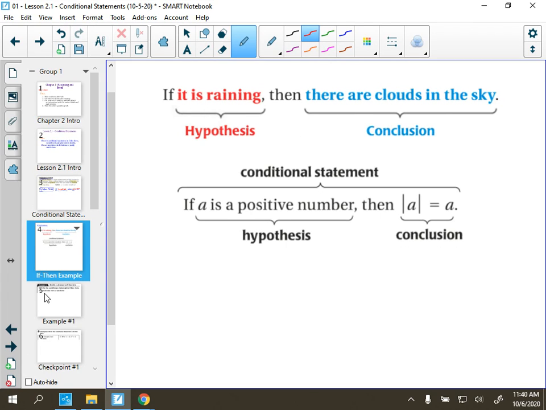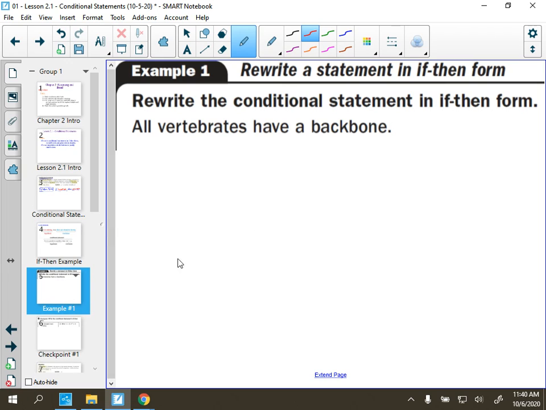One of the skills we've got to be able to do, in example one here, is turn the conditional statement into an if-then form of that statement. So this is an example: all vertebrates have a backbone. That's an example of a conditional statement. There's a hypothesis and a conclusion in there somewhere. It's for us to decide, and it's somewhat open-ended, whatever we want to make the hypothesis and the conclusion, and turn it into if-then form.